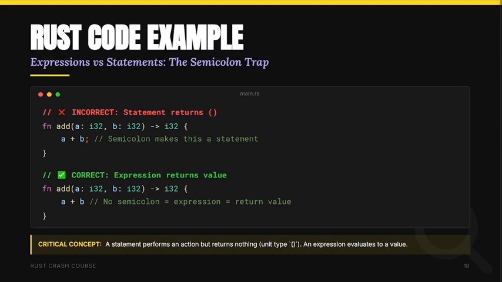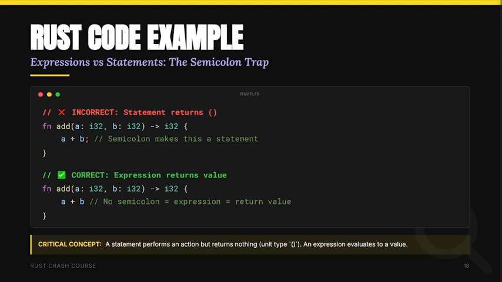In the correct version, we remove the semicolon. Now, a + b is an expression that evaluates to an i32. Everything is consistent. The compiler is happy. The critical concept: a statement performs an action but returns nothing, also known as the unit type.